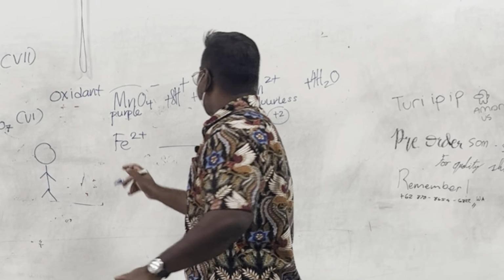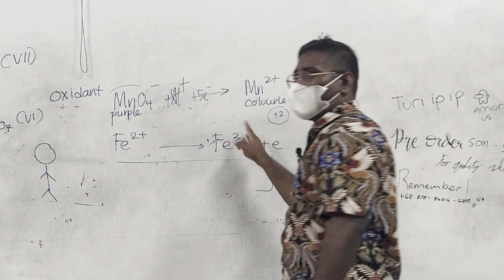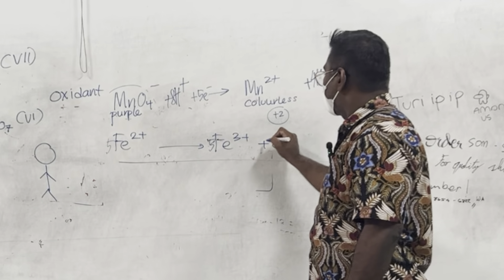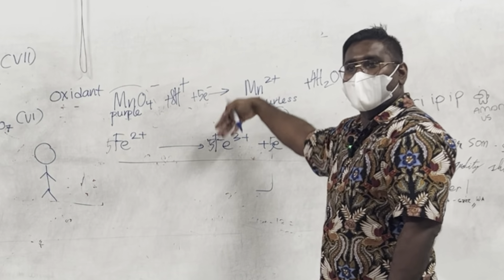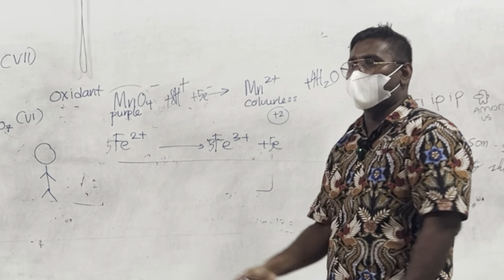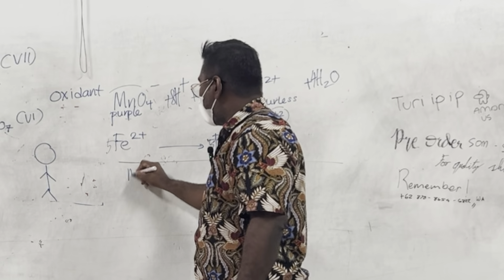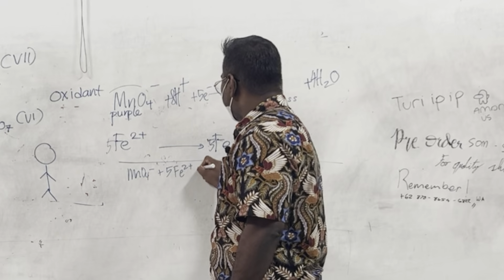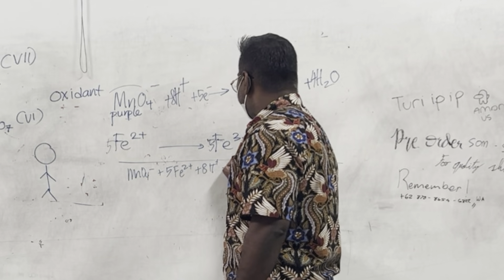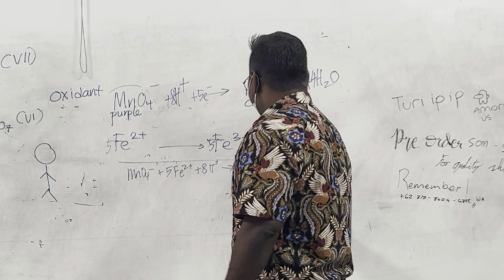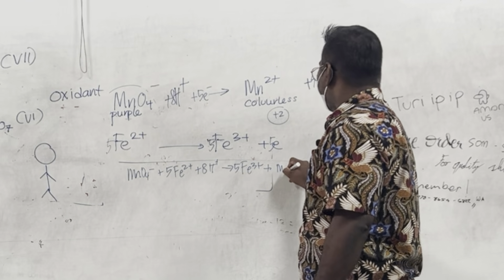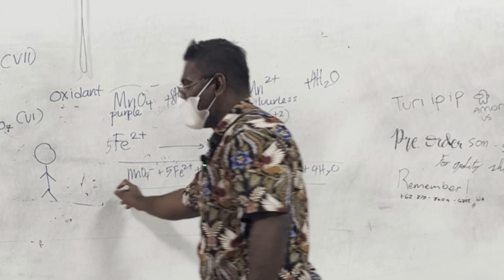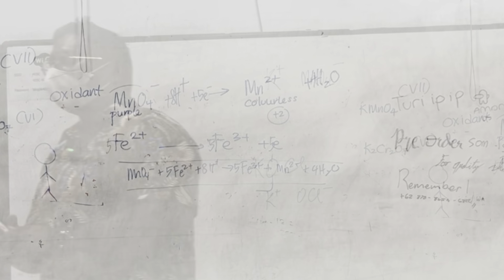How do we eliminate the electron? 1 electron, 5 electron times 5. Add left and right, the 5 electrons will cancel. So you will have MnO4 minus plus 5Fe2 plus plus 8H plus gives 5Fe3 plus plus Mn2 plus plus 4H2O. It's just longer, but it's completed.